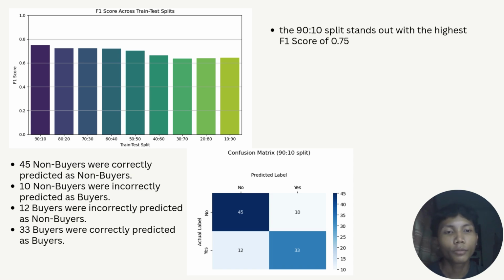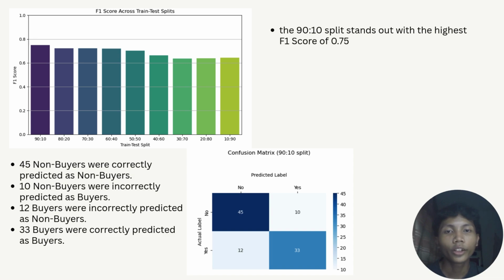From this confusion matrix, we can also calculate the overall accuracy, which after calculation was 78%. The precision was 76.7%, which means that most predicted buyers were actually correct, and the recall was 73.3%.